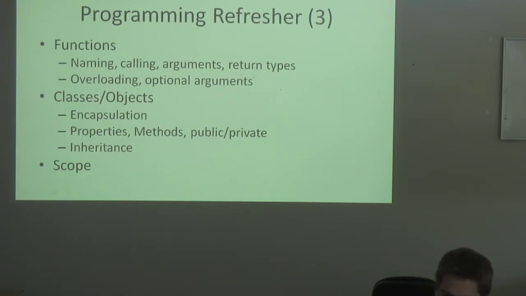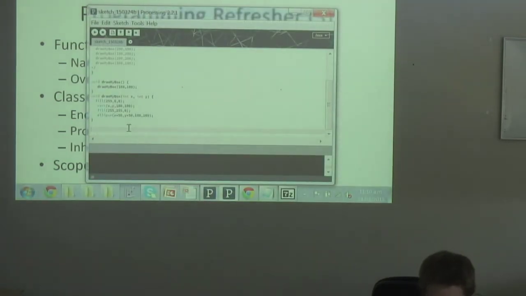The only thing we haven't covered for functions so far is return types. So say I want a function Pythag which calculates Pythagoras' theorem. Pythagoras' theorem is a squared plus b squared equals c squared.